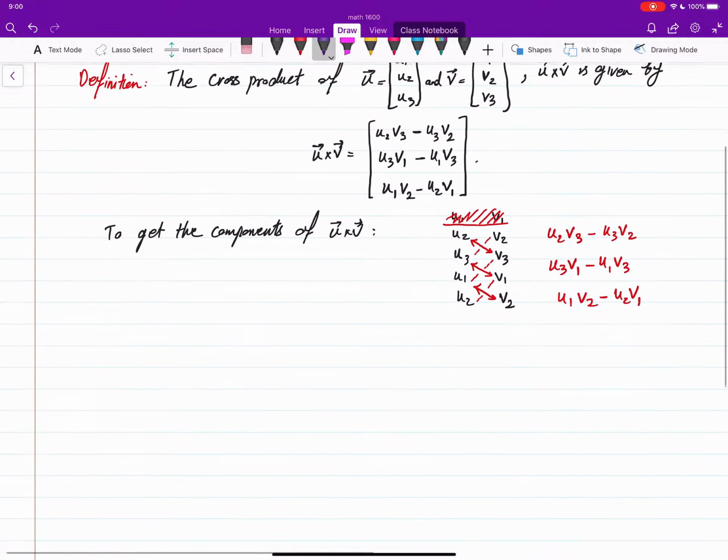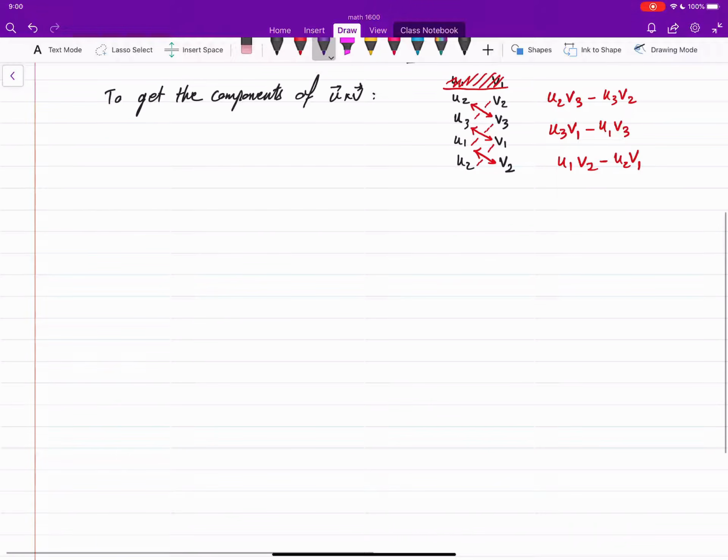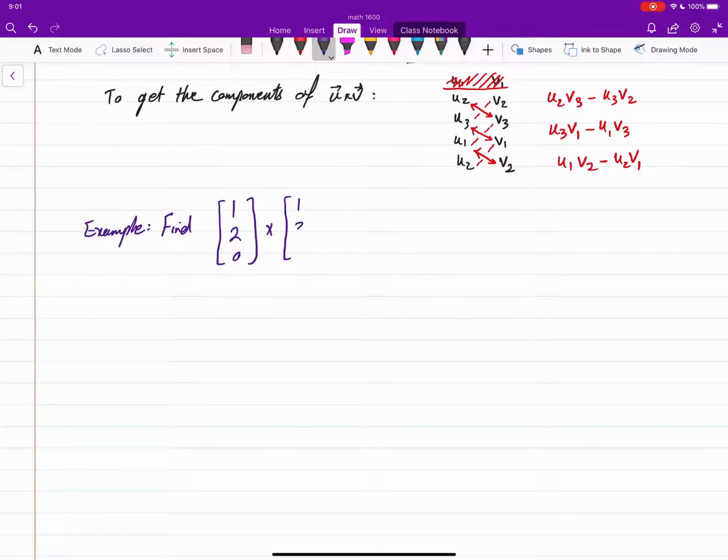So let us do an example before we move to the properties. Example: find u cross v. In this case, u is (1, 2, 0) and v is (1, 3, negative 2).